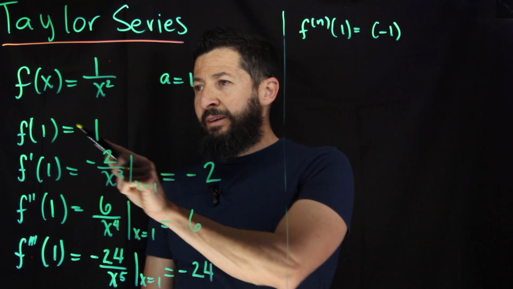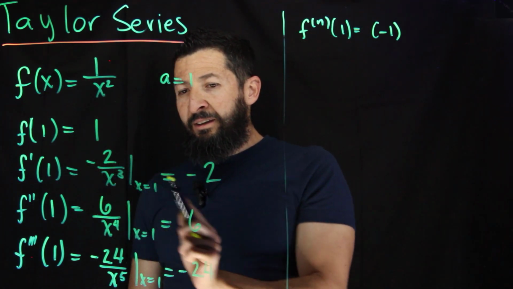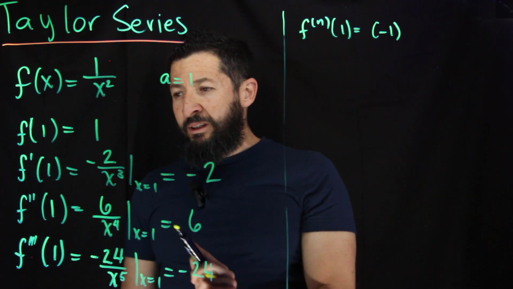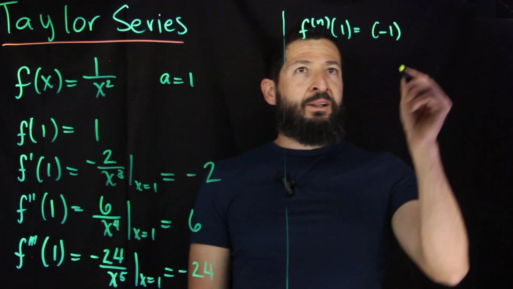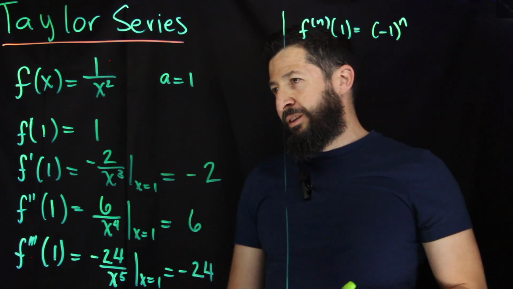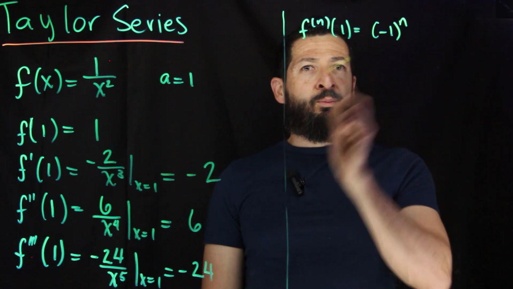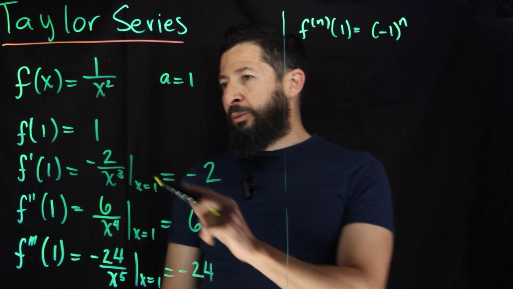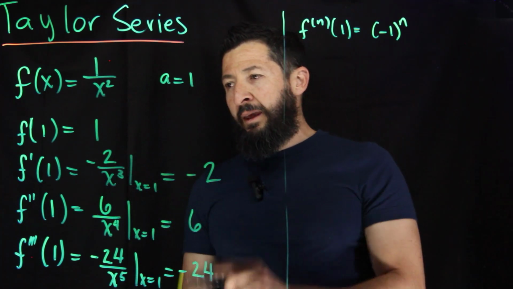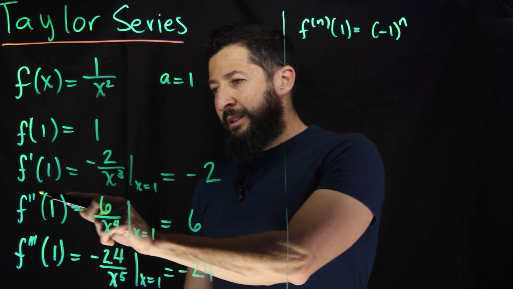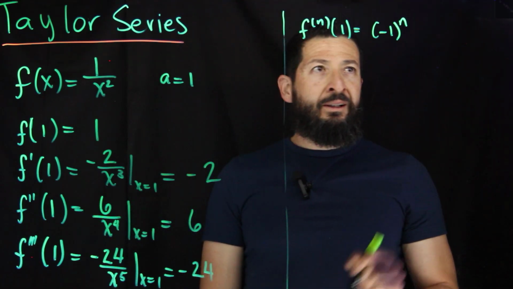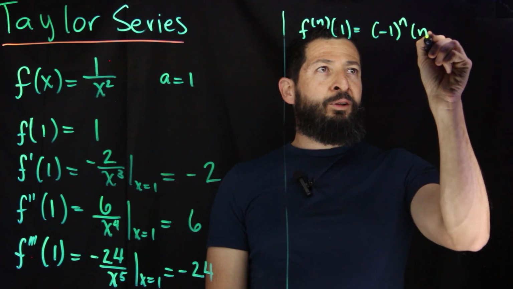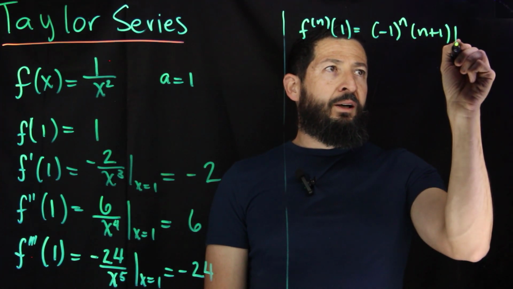It's going to be positive at 0, negative at 1, positive at 2, negative at 3. So it seems like just n works, because n equals 0 gives you positive, n equals 1 gives you negative. Now notice the terms we have. This is 1, this is 1 times 2, this one is 1 times 2 times 3, so it seems like we have n plus 1 factorial.